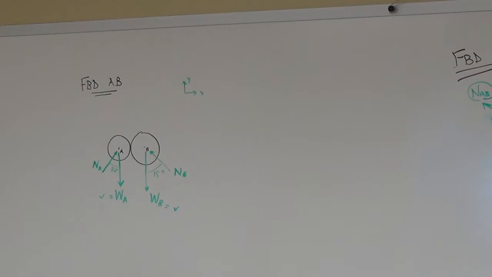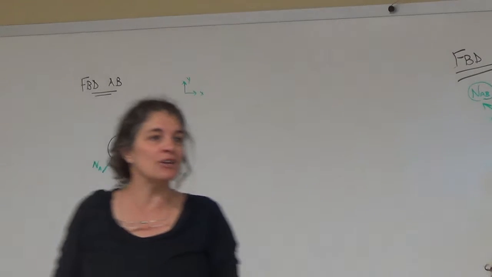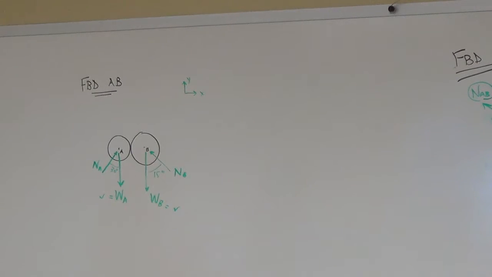So when they're removed, you have to put those forces here because we can calculate them. They become external forces. But when they're together, A is touching B, B is touching A. They're both putting equal and opposite loads on each other. So when I draw the free body diagram of those two together, do I draw an NAB? No. Good, you do not draw NAB because they're equal and opposite.